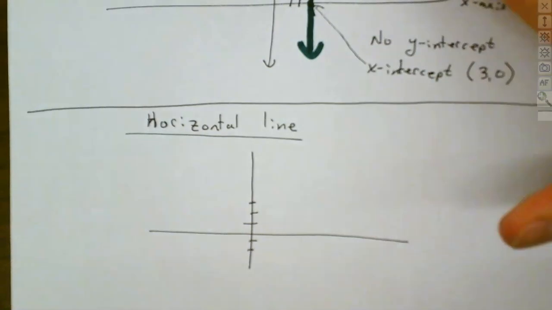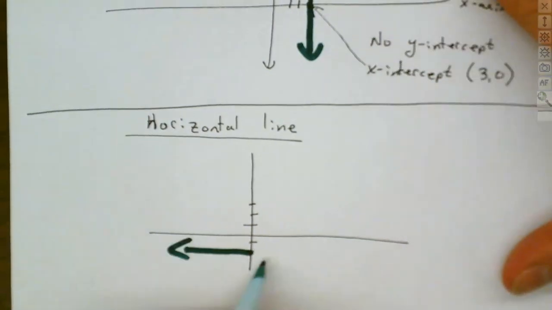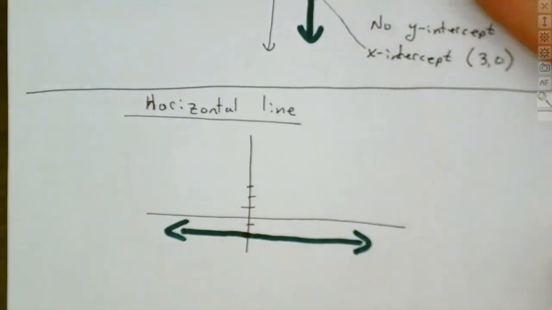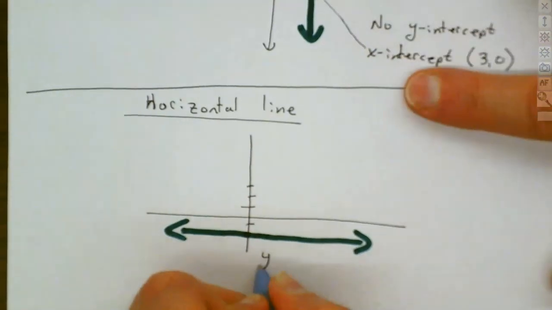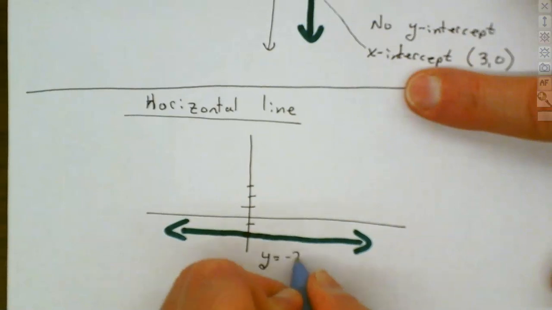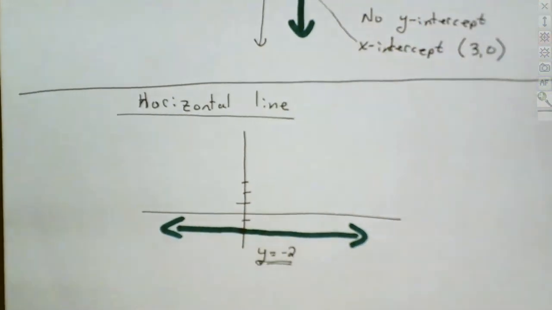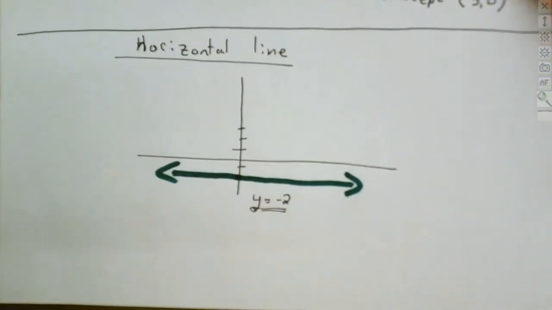So here's an example of a horizontal line, and the equation for this horizontal line would be y equals, in this case, a -2. Now we're going to talk more about the equations later on today. And you'll learn about an x line, a y line, and you'll learn about the diagonal line. But right now we're just trying to understand the intercepts.